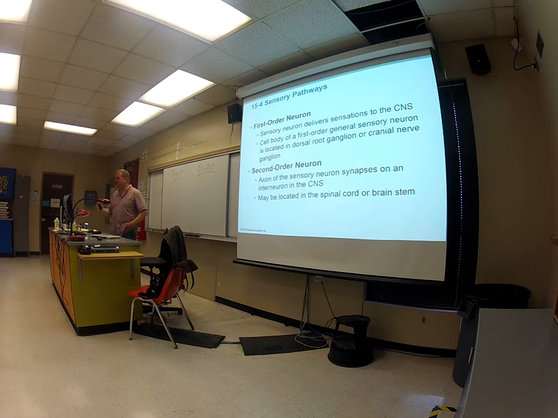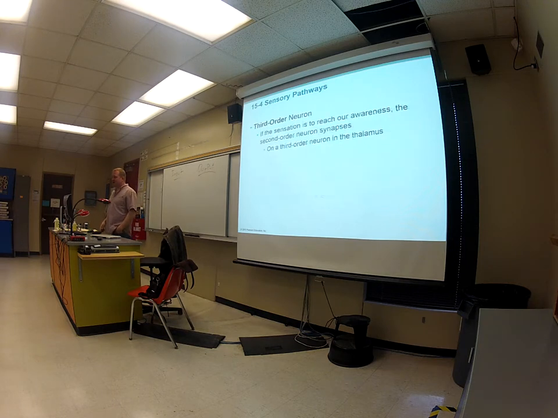May be located in the spinal cord or brain, interneurons. Third order neurons. And this is what I was getting at. Not everything needs to go to the cortex. So if the sensation is to reach our awareness, the second order neuron synapses on the third order neuron in the thalamus.